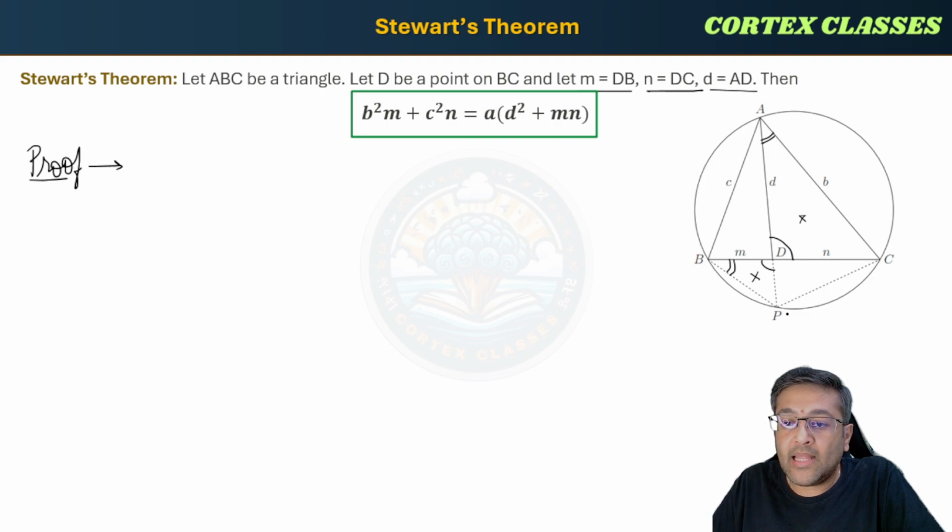Angle PBC and angle PAC are equal, right? So guys, in the two triangles, can I say that triangle PDB is similar to triangle CDA, by AA criteria, दो angles same हैं.